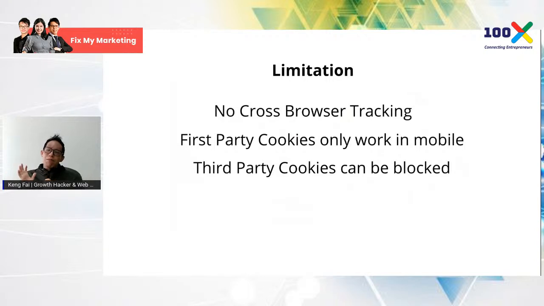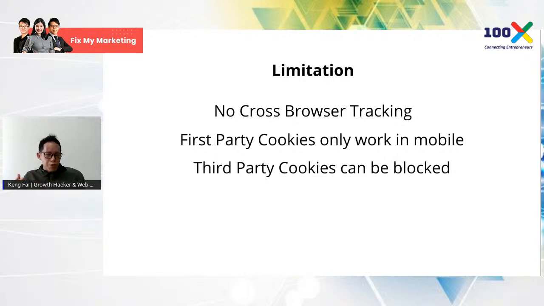The problem about cookies that a lot of marketers face is that there's no cross-browser tracking. What does that mean? Let's say you use the site on your desktop, and then on your phone. In the eyes of analytics, that's two users. This causes a problem because as a marketer, these are two different profiles, but they are the same person.